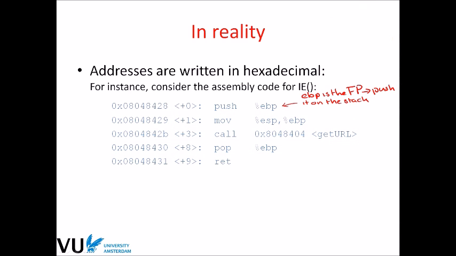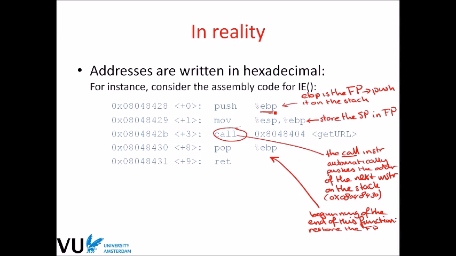So again, EBP is the frame pointer which we push onto the stack. The frame pointer is a register. Now we place the frame pointer on the stack. So this is now the old frame pointer, because what we do next is store into the frame pointer register the current value of the stack pointer, which is exactly pointing to the place where we pushed the old frame pointer.